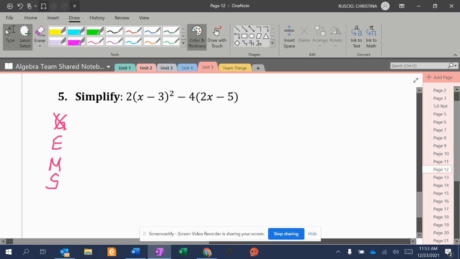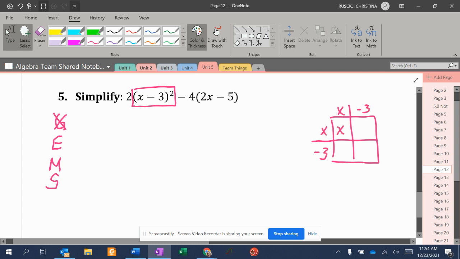So we don't need to do that. Do we have exponents? We sure do. And this, my friends, is the box method, right? We've talked about this last time. So off to the side, I am going to show this x minus 3 all times x minus 3. And we are just going to distribute that quickly. So x squared minus 3x plus 9.